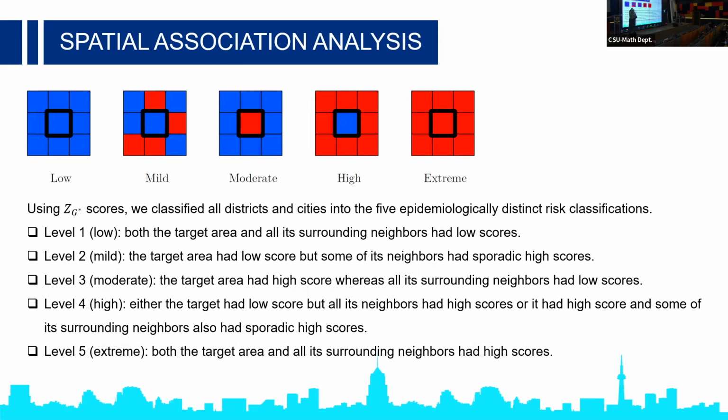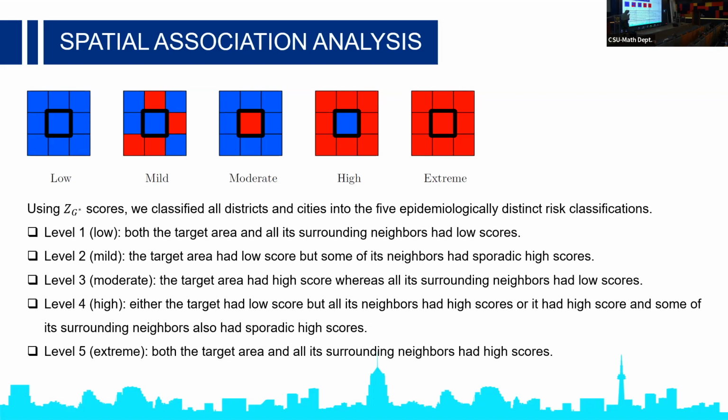For example, we choose 4 squares to be red. Then level 3, moderate, the target area had a high score, whereas all its surrounding neighbors had a low score. So this is moderate, only a kind of isolated region. All of its neighborhood should be in blue.